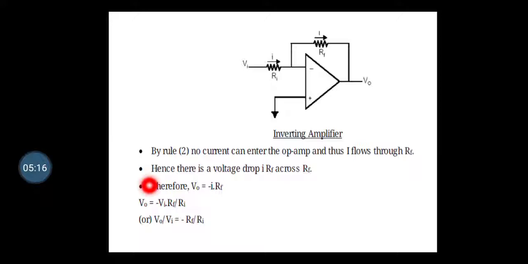Substituting I is equal to V by R, we obtain V0 is equal to minus VI by RI into RF, or V0 by VI is equal to minus RF by RI.